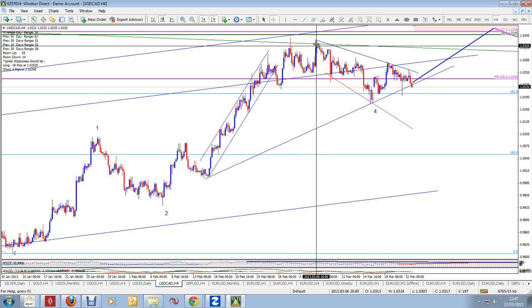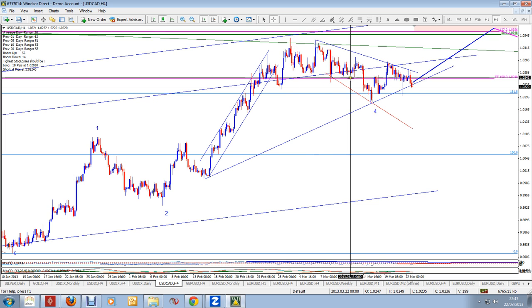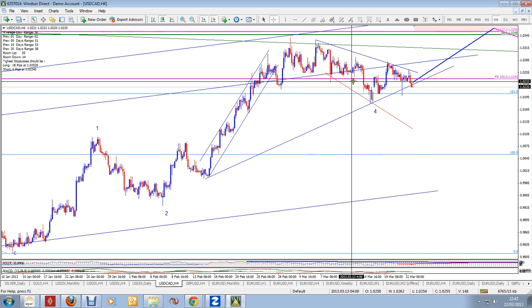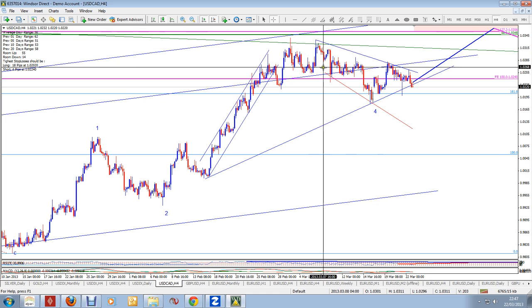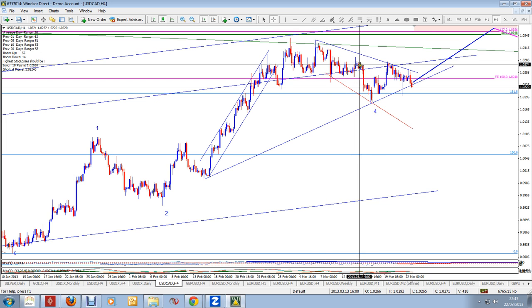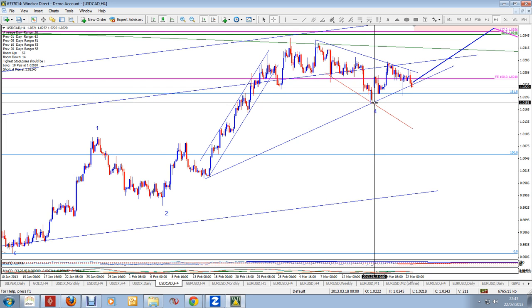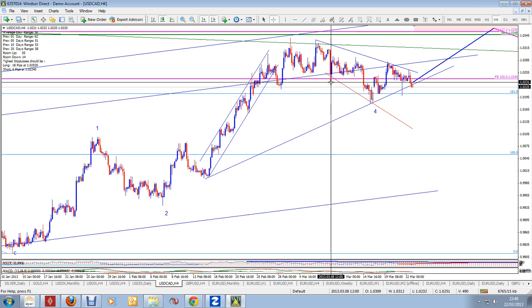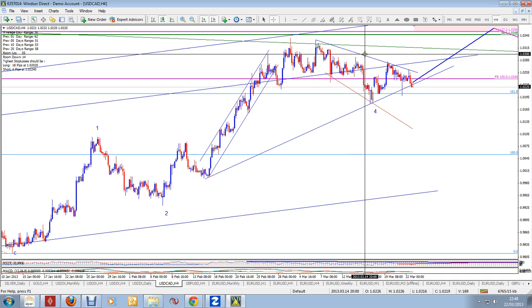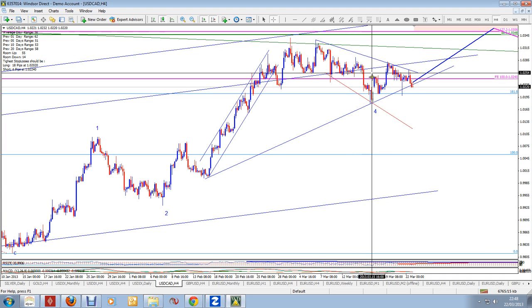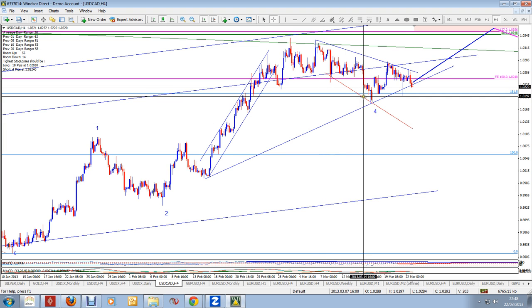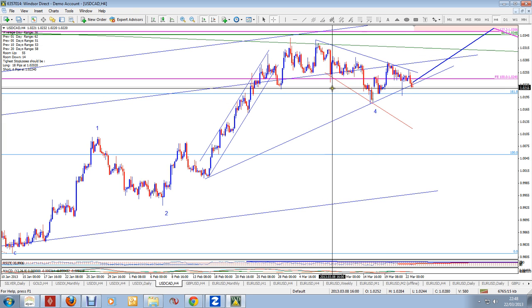So wave A, wave B, and we are now in a wave C, which is an expanding ending diagonal. So this could be a 1, 2, 3, 4 and 5 to the downside, or we might have ABC as A, ABC back as wave B, then this one looks like 5 waves, so it looks more like A, B and C.